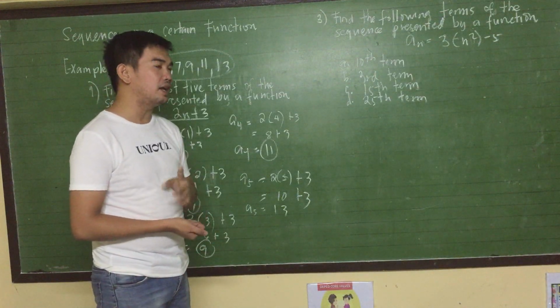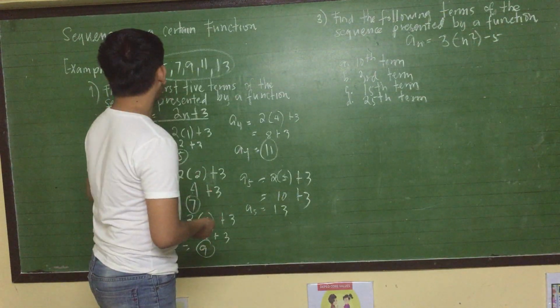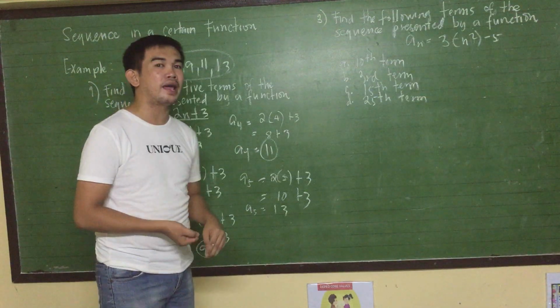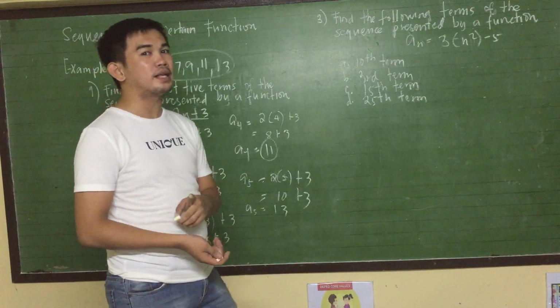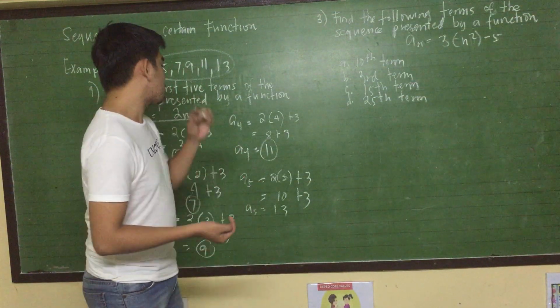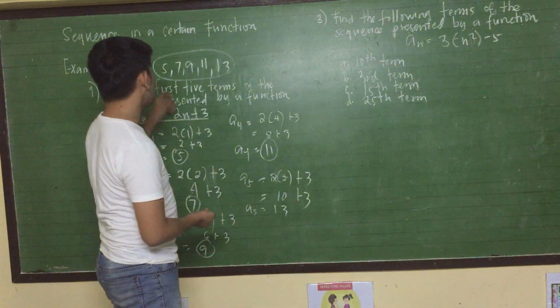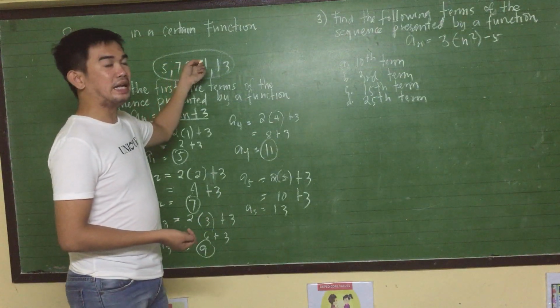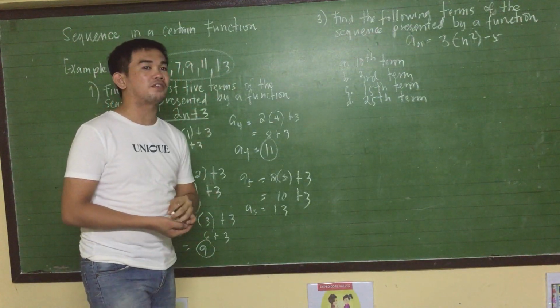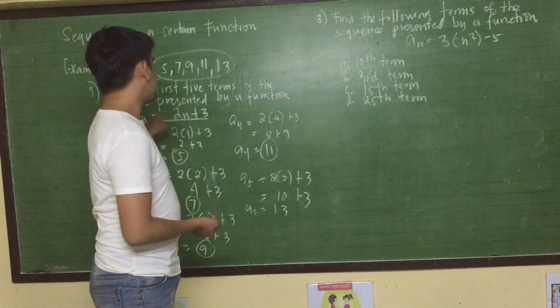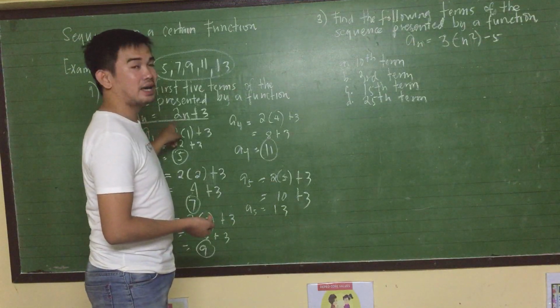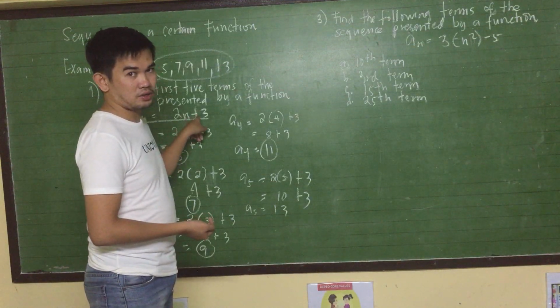Why is that infinite? Because we can find any missing term by just using a certain function. So we have 5, 7, 9, 11, 13 as our first 5 terms described by this function. Okay?